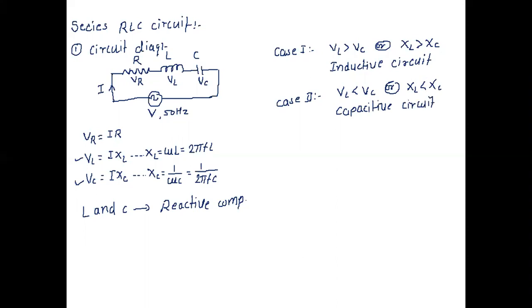And the third case is when VL is equal to VC, or XL is equal to XC, then this type of circuit acts as a pure resistive circuit.